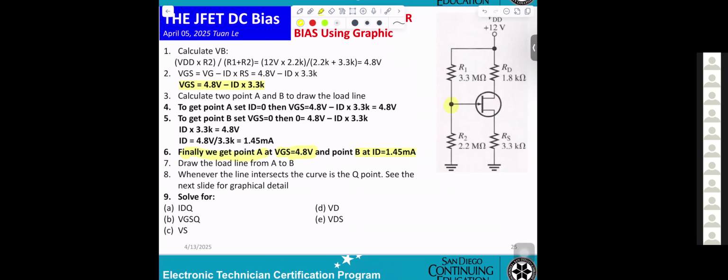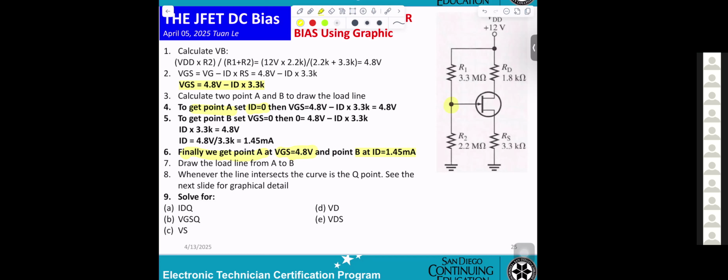Now, how to get point A? They say set ID equal 0. Okay, ID equal 0.